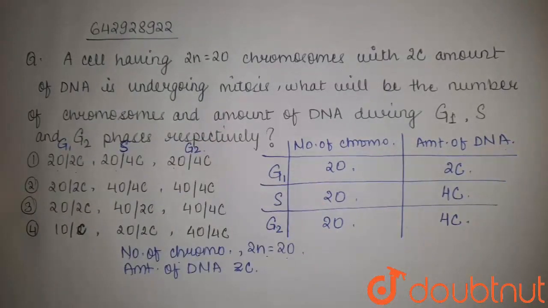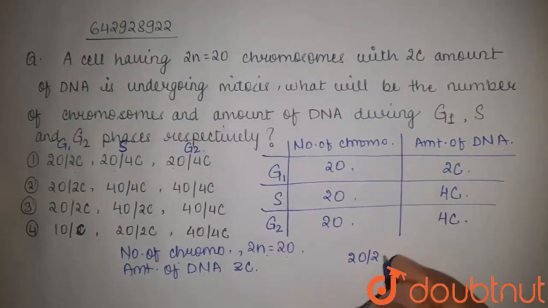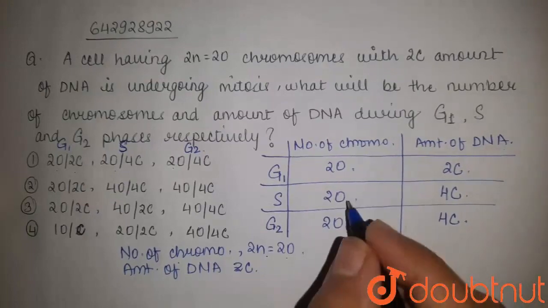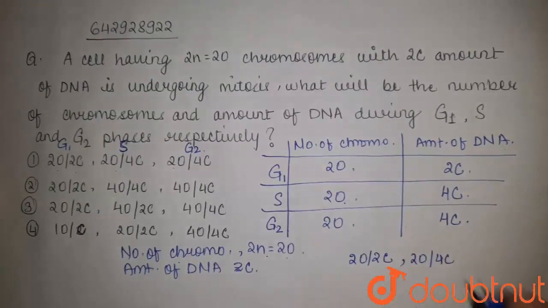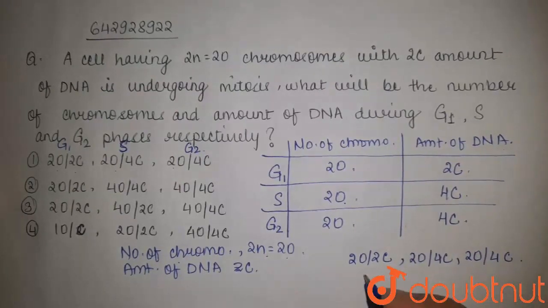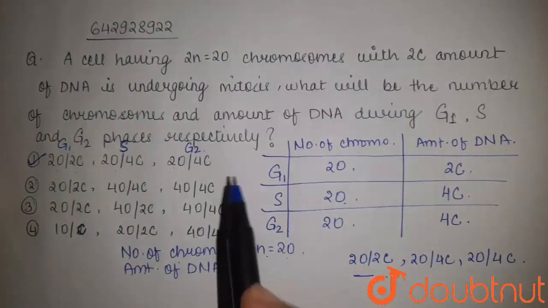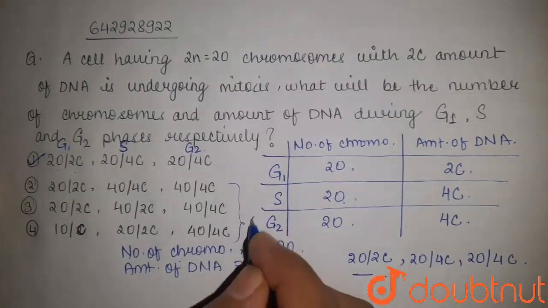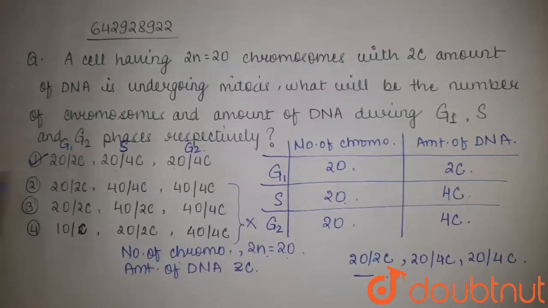So our answer, that is 20 2c, 20 4c and 20 4c, matches with option 1. So the rest of the options would be incorrect and the first option would be the correct answer.